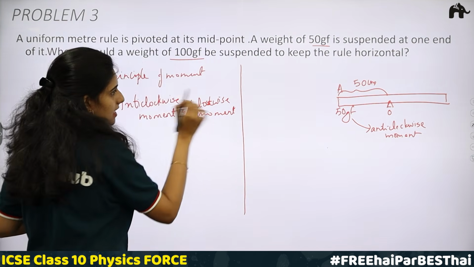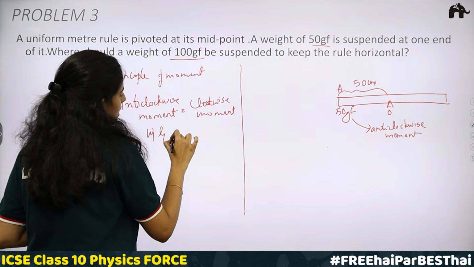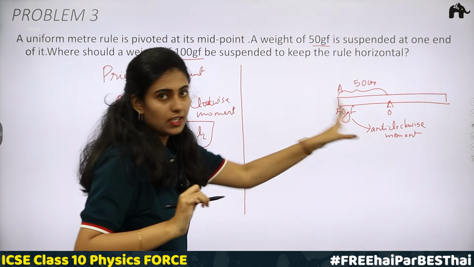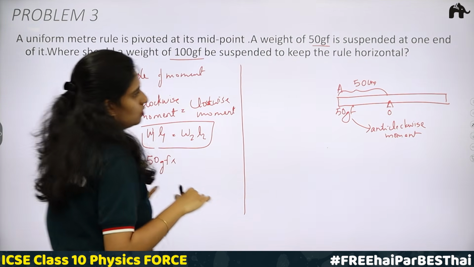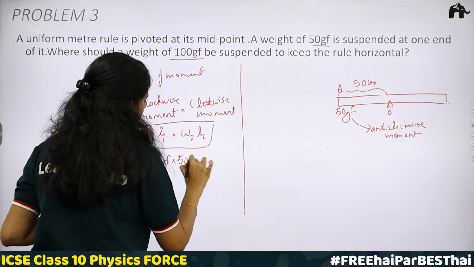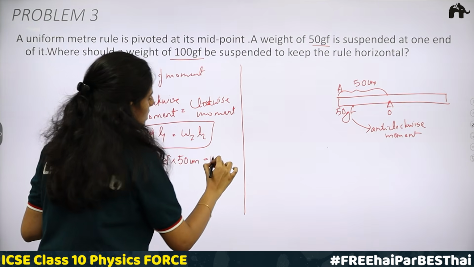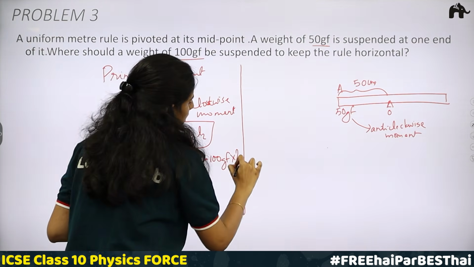Let us take the first weight W1 and the distance L1 will be equal to W2 L2. Here W1 is the first weight, which is 50 GF, into distance L1 is 50 centimeter, equal to W2, the second weight, which is 100 GF, into L2.